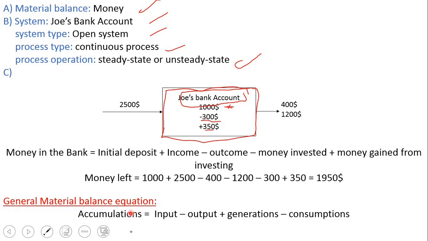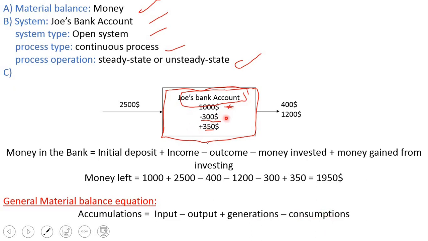The accumulation, which is the money left in the bank or whatever is in the system, equals the input minus the output plus the generation that happens in the system, which is like how much money Joe got from the bank, minus the consumption which also happens in the system.